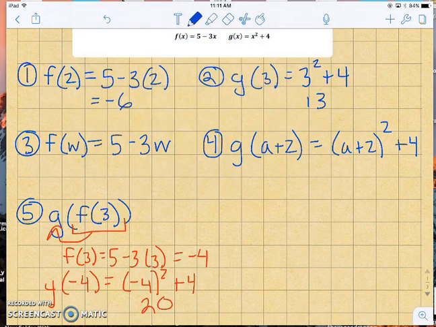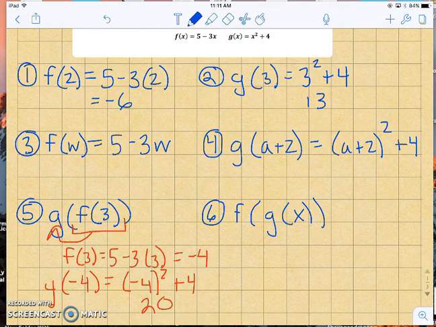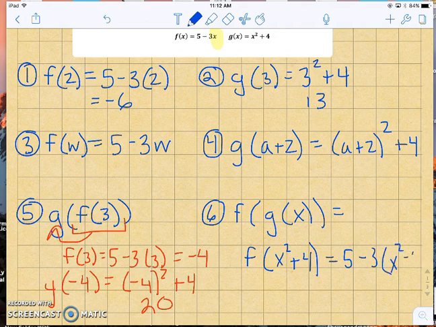Alright, so now we're going to take a look at some without numbers. So for example, let's say we have f of g of x. As you can see here, we're dropping the g of x function into the f function. So it's really f of x squared plus 4. Into our f function, right up here, we're replacing that x with x squared minus 4. So 5 minus 3 times x squared minus 4.